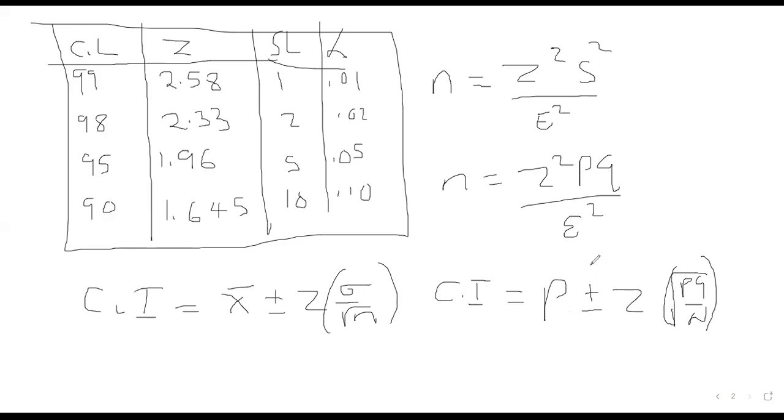We are now going to use our small examples. So we find the missing value. A: Find N if our alpha is 0.10, our standard deviation is 6, and our error is 4.